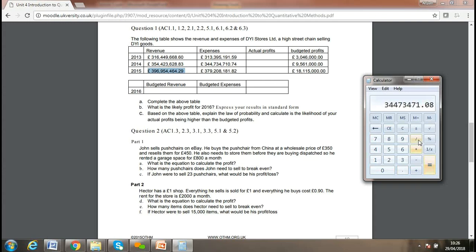So that's my change in numbers, divided by 344,737, times 100. So around 10%.